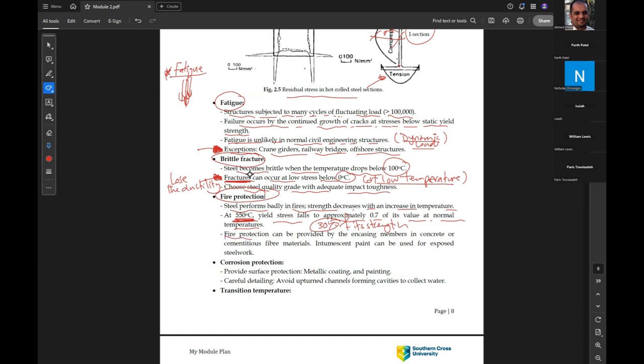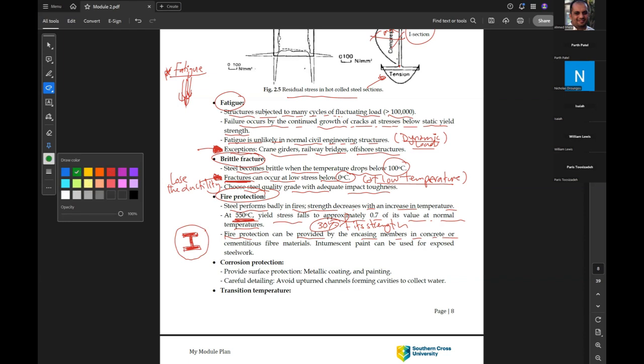So fire protection may be needed, or can be provided by encasing the member in concrete. For example, this is a cross section, so if the column will be subjected to fire, we can embed it in concrete. The green is concrete.